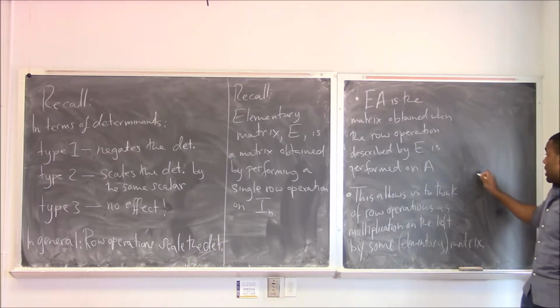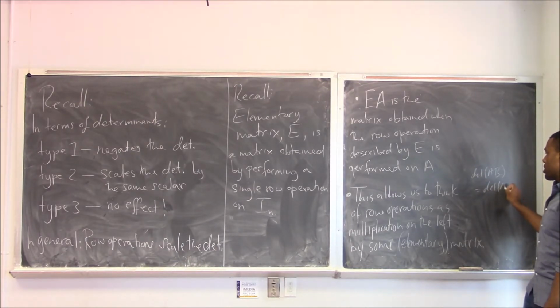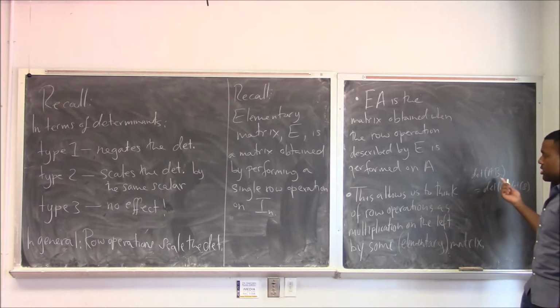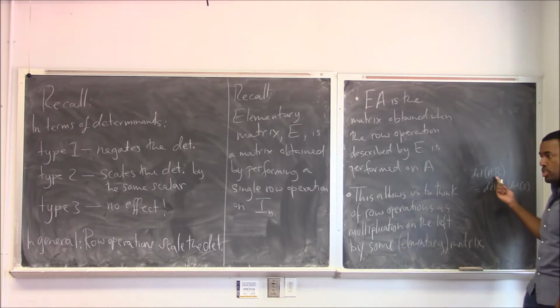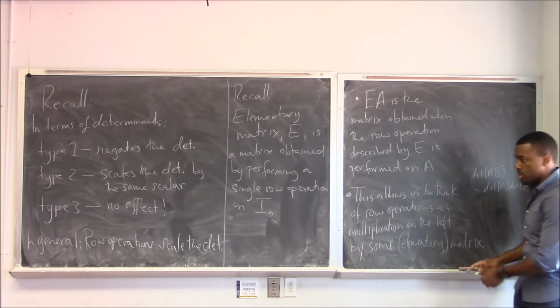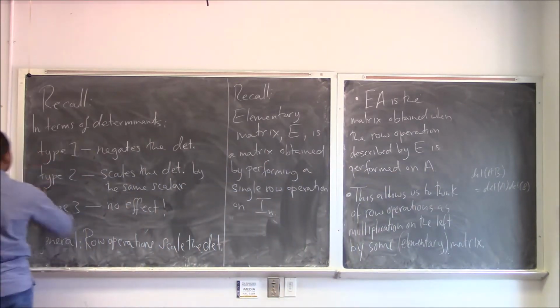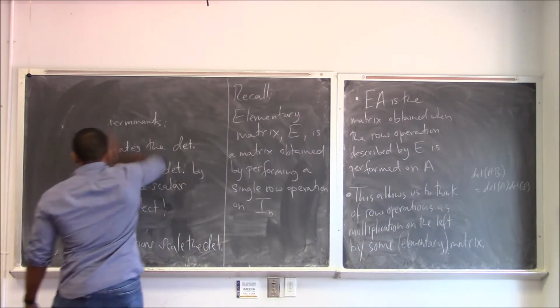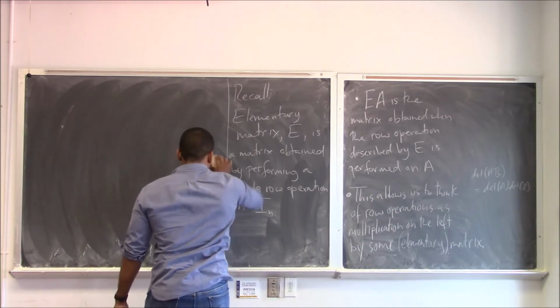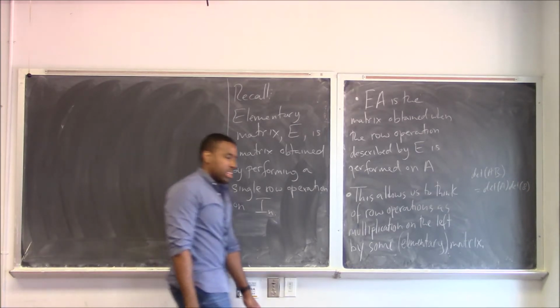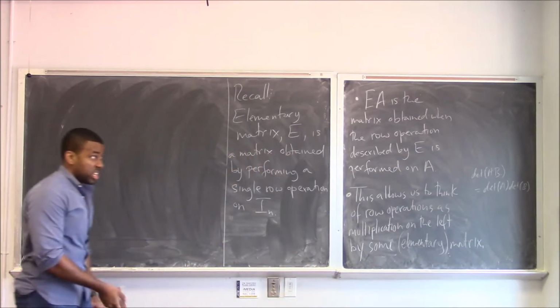For example, I mentioned yesterday without proof that the determinant of a product is the product of the determinants. It turns out that to prove that, we spoke in terms of row operations, which we described in terms of elementary matrices. If you read the proof in your book, they used elementary matrices to prove that. So we can think of row operations as just matrix multiplication.